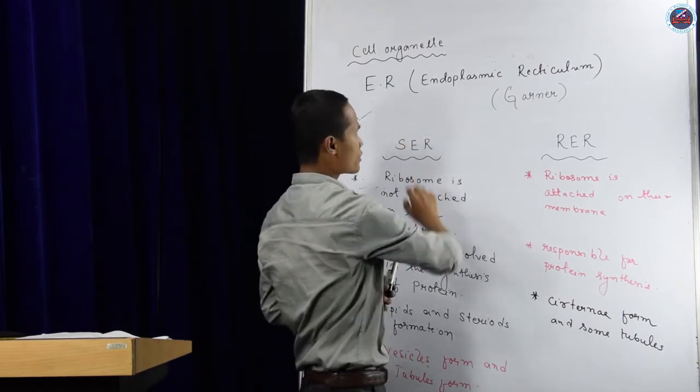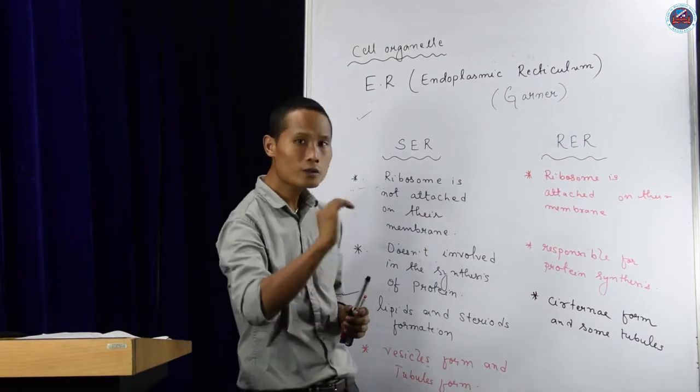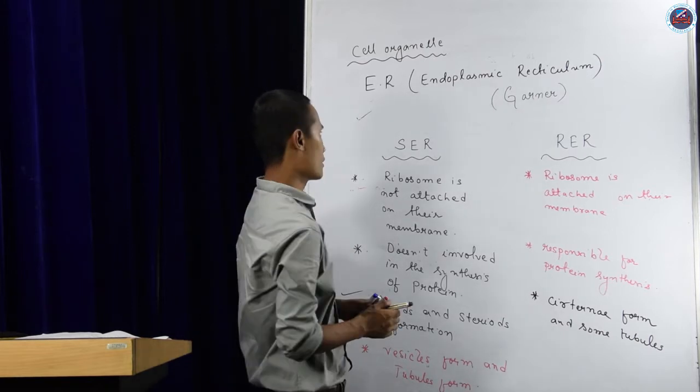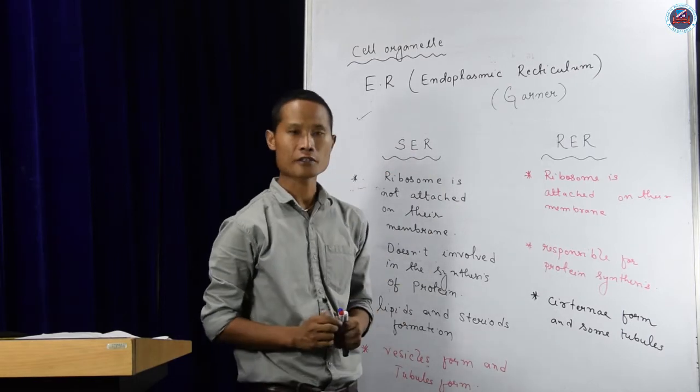This endoplasmic reticulum is found in all the eukaryotic cells. You will not find it in prokaryotic cells, because endoplasmic reticulum is present only in eukaryotes.